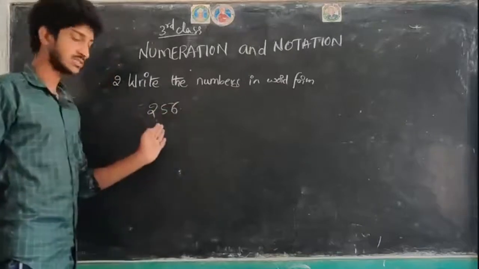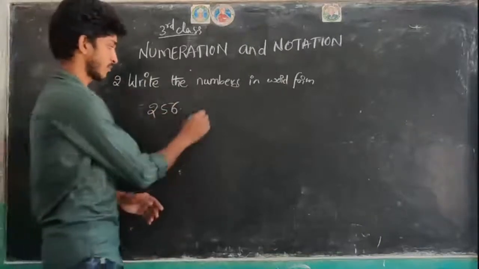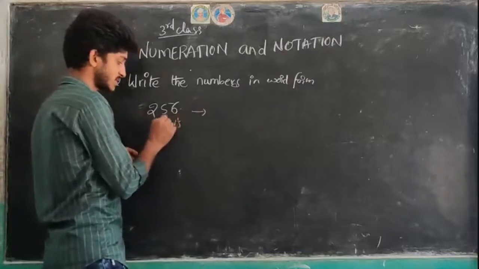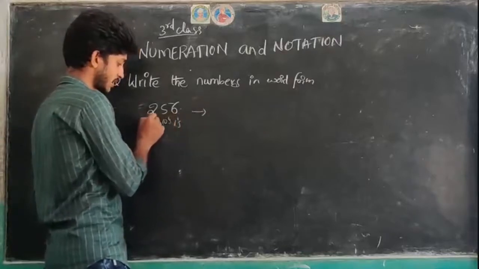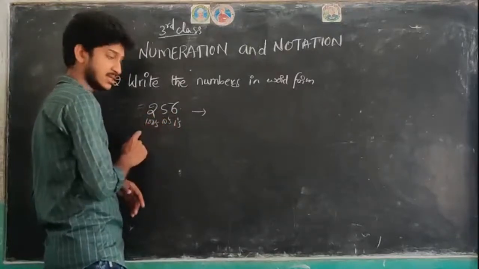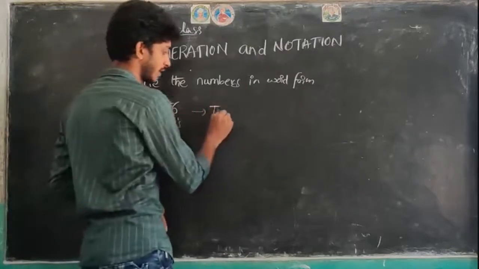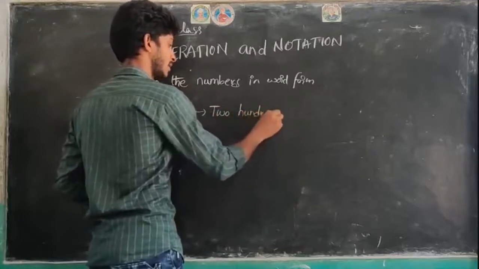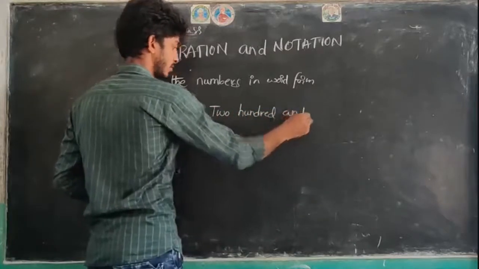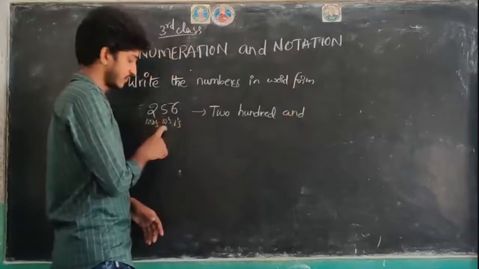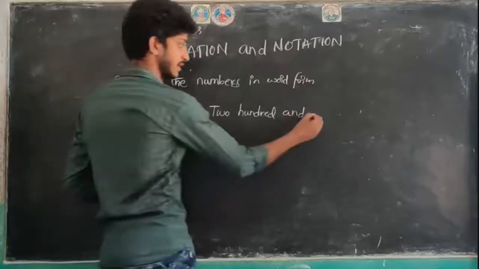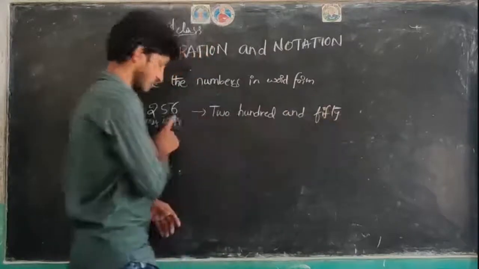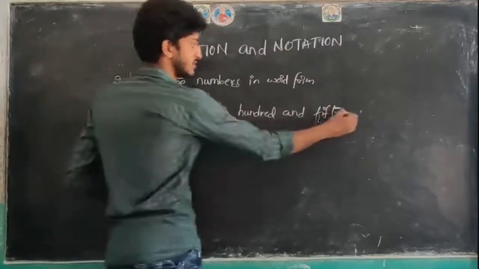We can write this number in a word form. It is ones place, tens place and hundreds place. What is the number in hundreds place here? 2. So 200. And what is the number in tens place? 5. So 5 into 10, 50. In ones place we have 6 here, so 56.